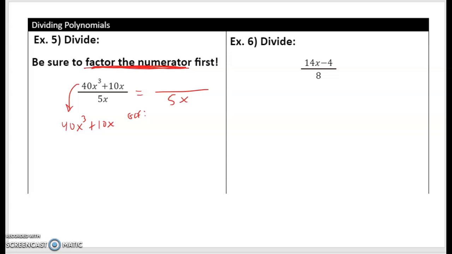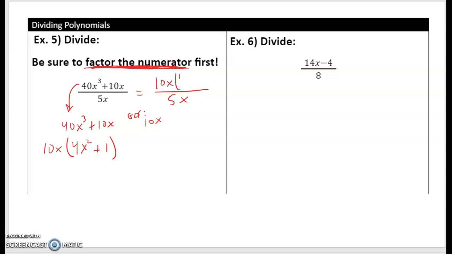So the GCF of the numerator, 10 goes into 40 and 10, and then x cubed and x, so the smallest one is x. So 10x, you divide it out, write it out front, you get 4x to the second plus 1, and then that goes up here.